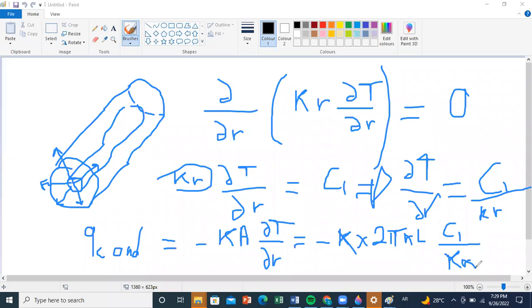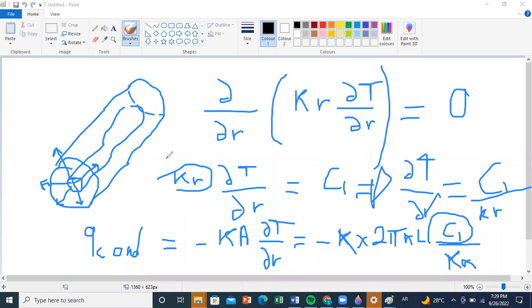So what I need to do is just to find what is C1, because I cannot proceed if I don't find the value of C1. So to find C1, I need to continue my integral procedure, because C1 is a constant that I found when I did integration. So to get C1, I need a boundary condition.